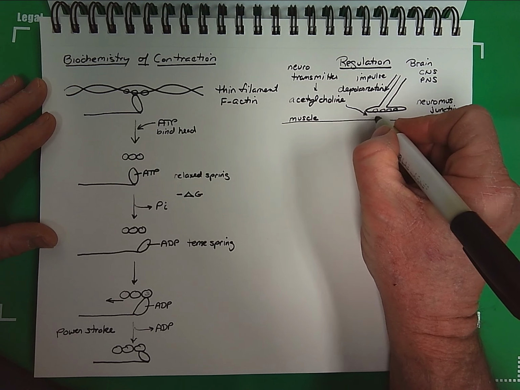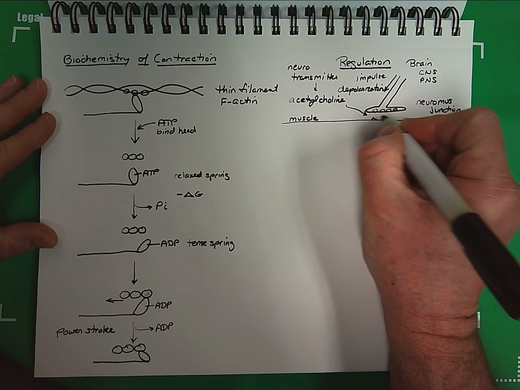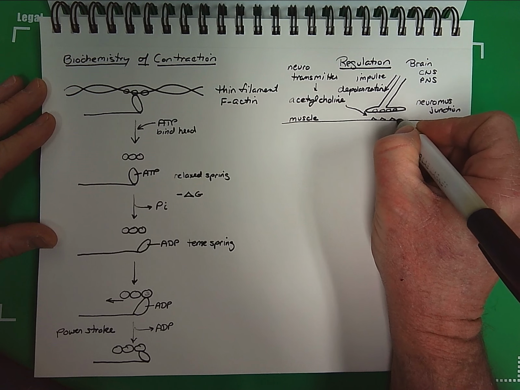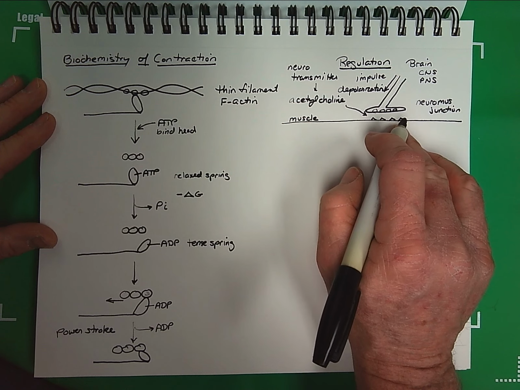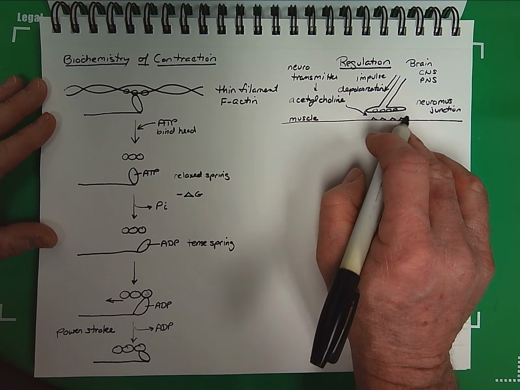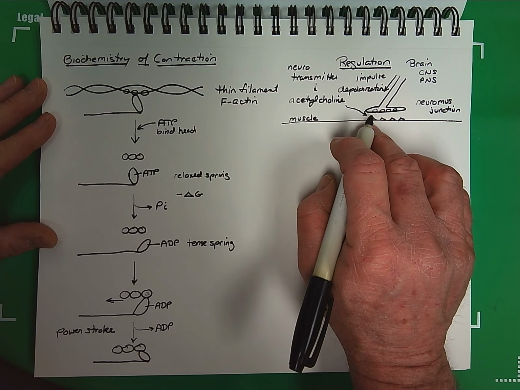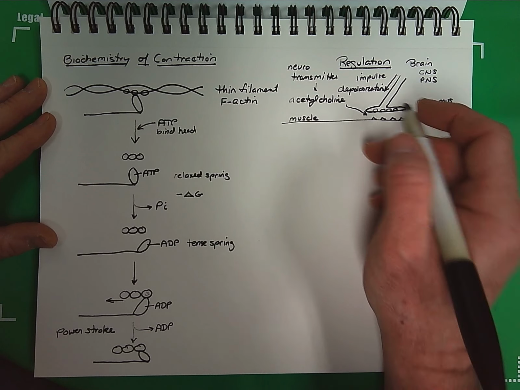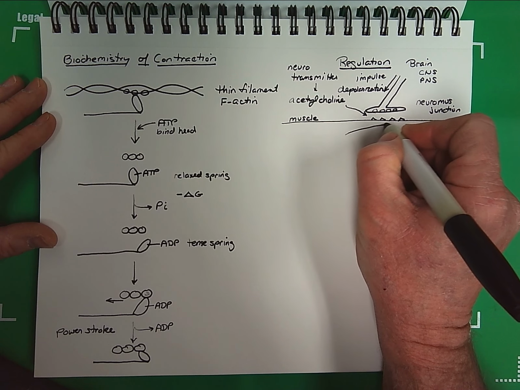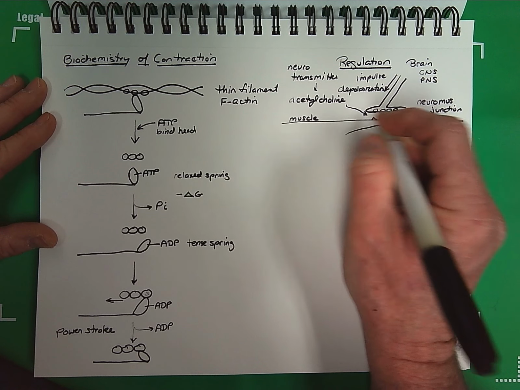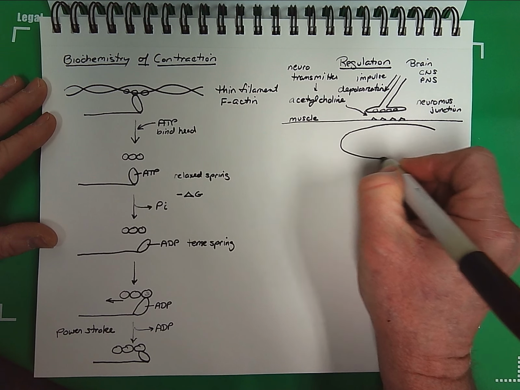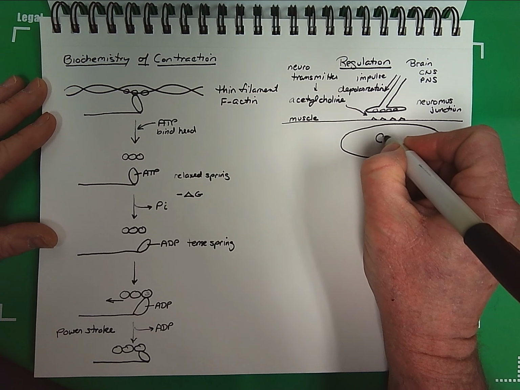This now binds to the muscle, binds to specific acetylcholine receptors on the muscle, and this will now induce a depolarization event in an intracellular vesicle so that calcium is released.